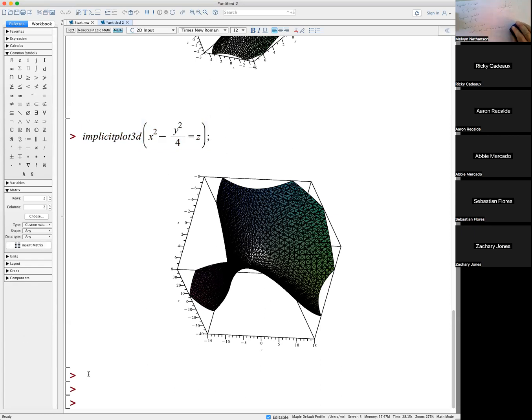So I'm going to use implicit plot, and my equation is minus 16x squared minus 4y squared plus z squared plus 64x minus 80 equals 0.